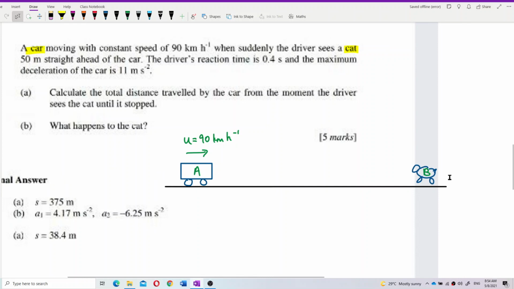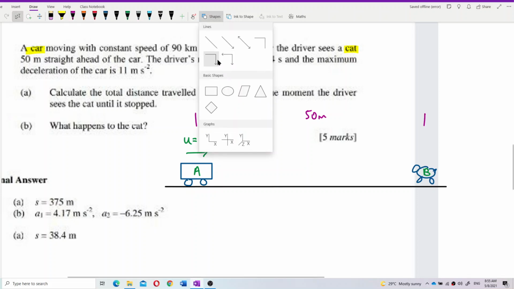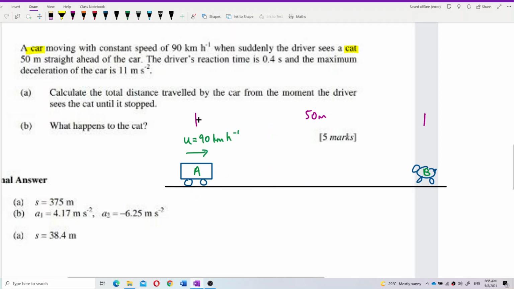This is the car, this is the cat. And how far is the cat? 50 meters, so I draw 50 meters between these two.